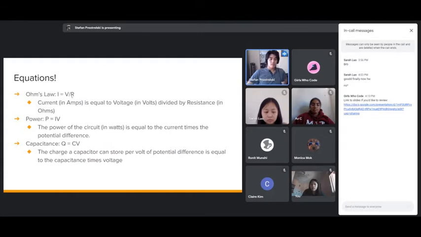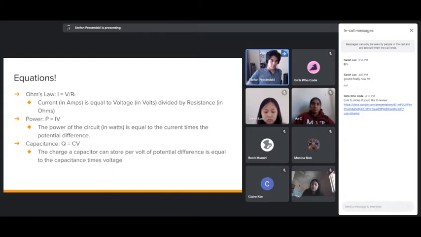And you can rewrite this too. If you want to get the voltage given resistance and current, you would simply rewrite this as V equals I times R, or voltage equals current times resistance.